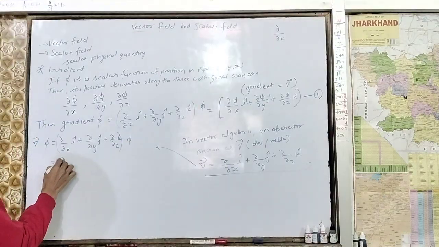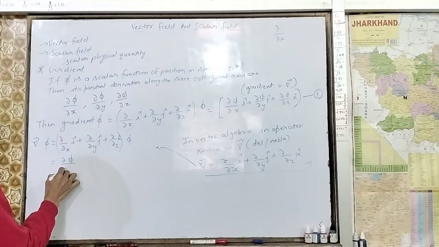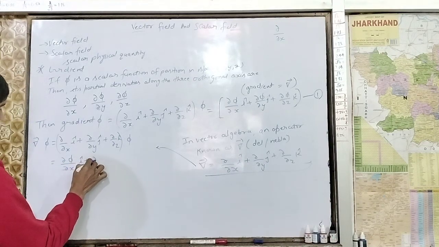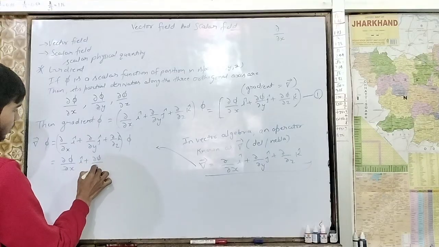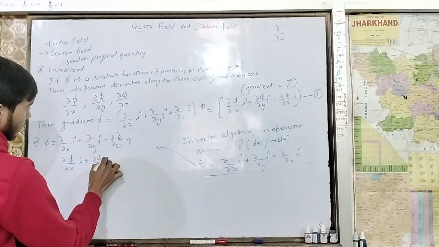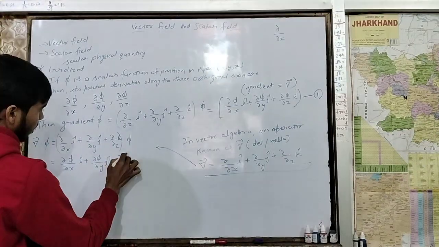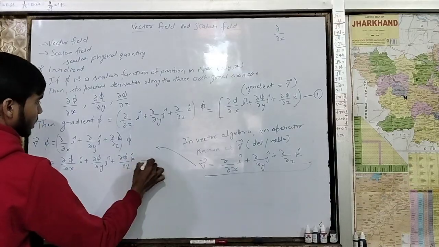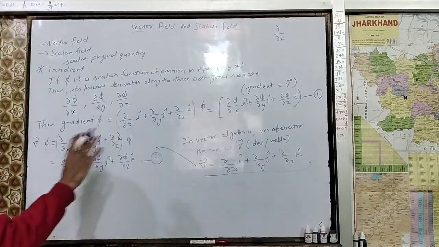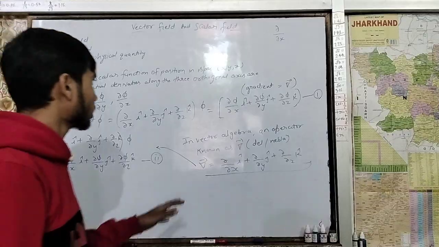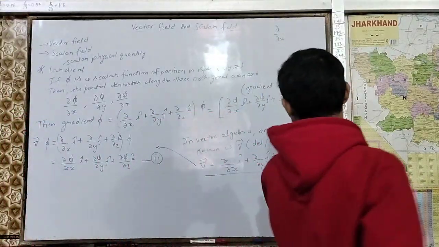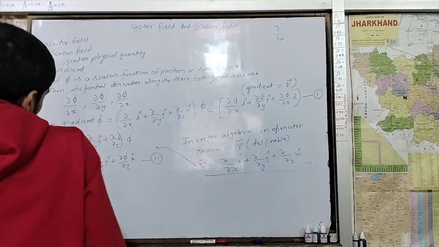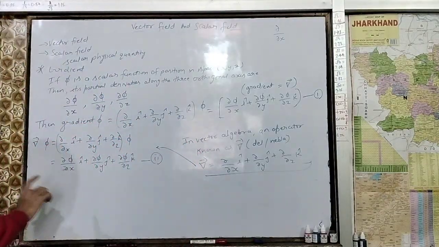You will get d phi upon dx i cap plus d phi upon dy j cap plus d phi upon dz k cap. This is our second equation. You can see both are the same. The first equation is equal to the second equation.